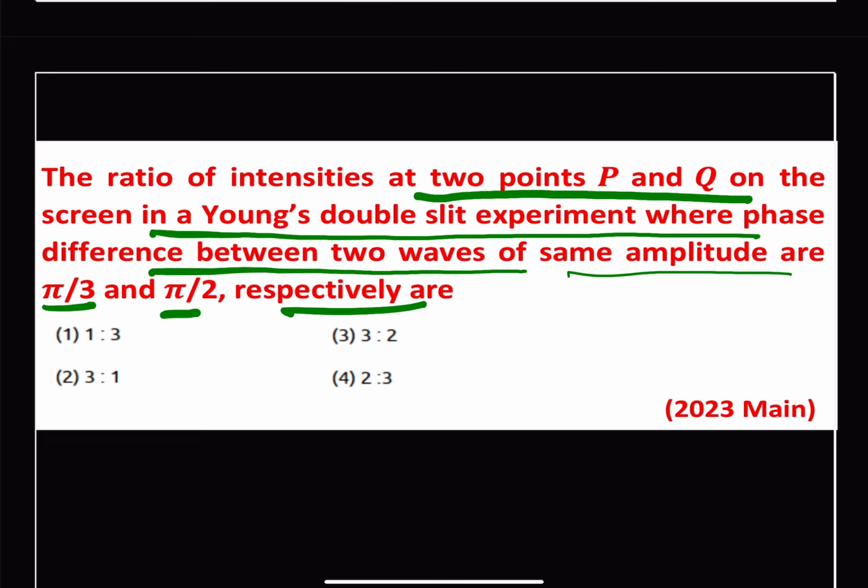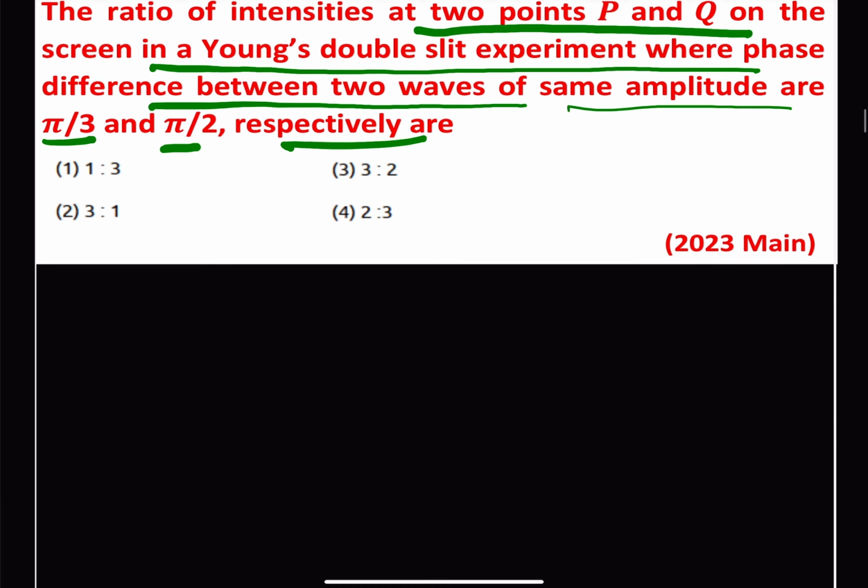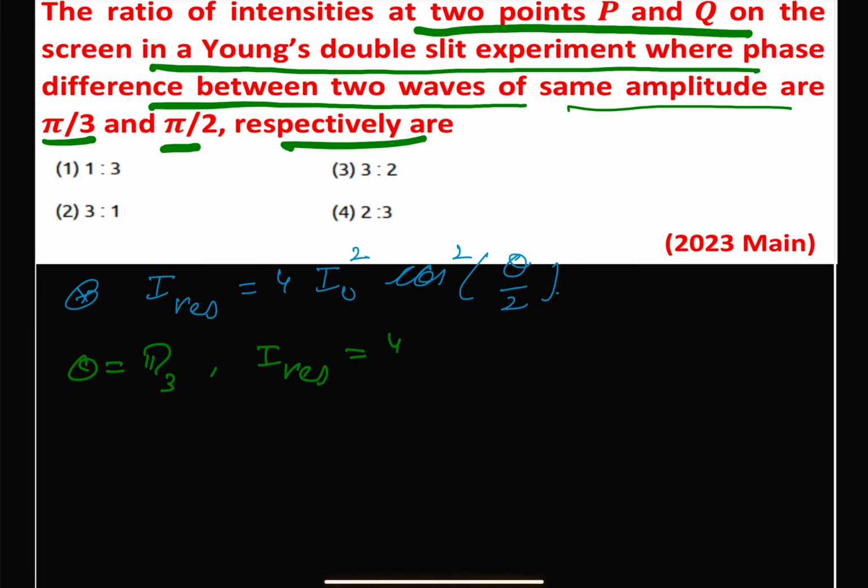And it is based directly on a relationship or formula, and that formula is that our resultant intensity is equal to 4 times I naught cos square theta by 2, and first theta is given as pi by 3, so for theta is equal to pi by 3, we have I resultant will be equal to 4 I naught cos square pi by 6.